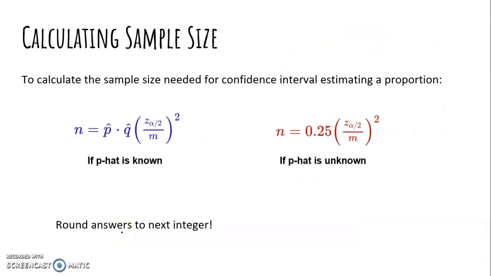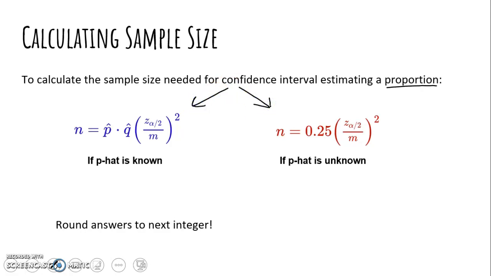Okay, so now we want to talk about calculating sample size. To calculate the sample size for a confidence interval that estimates a proportion, you might recall in a previous video I gave you a formula for calculating the sample size needed for a confidence interval that estimated a mean. Now when we estimate a proportion, you need to use this one or this one.